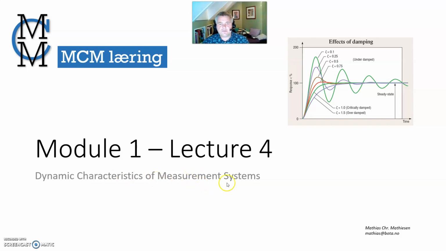Dynamic characteristics of measurement systems is the response before the value settles. Like we use the example of a bathroom scale where the pin waves back and forth until it settles on a stable value, and that is when you read your measurement system.